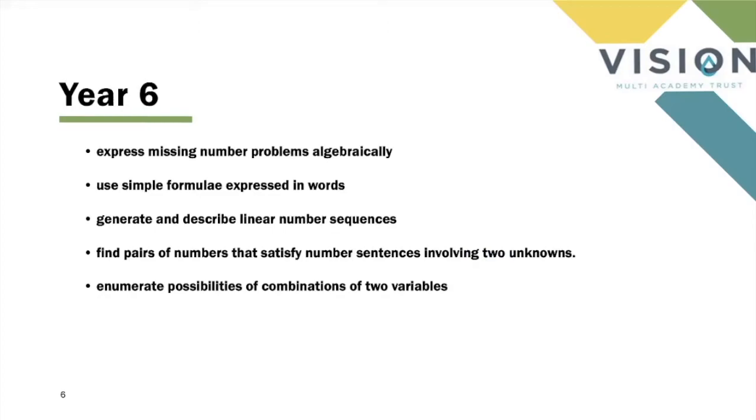Then finally, we'll look at year 6, which is the only place that algebra is directly mentioned within the national curriculum. However, from this training, I hope you can see that the origins of it and the real foundations of understanding what it is showing go right back down all the way through the school. So in year 6, they're expected to express missing number problems algebraically. If I take a simple calculation, such as our number bonds to 10, you might have x equals 5 add 5.